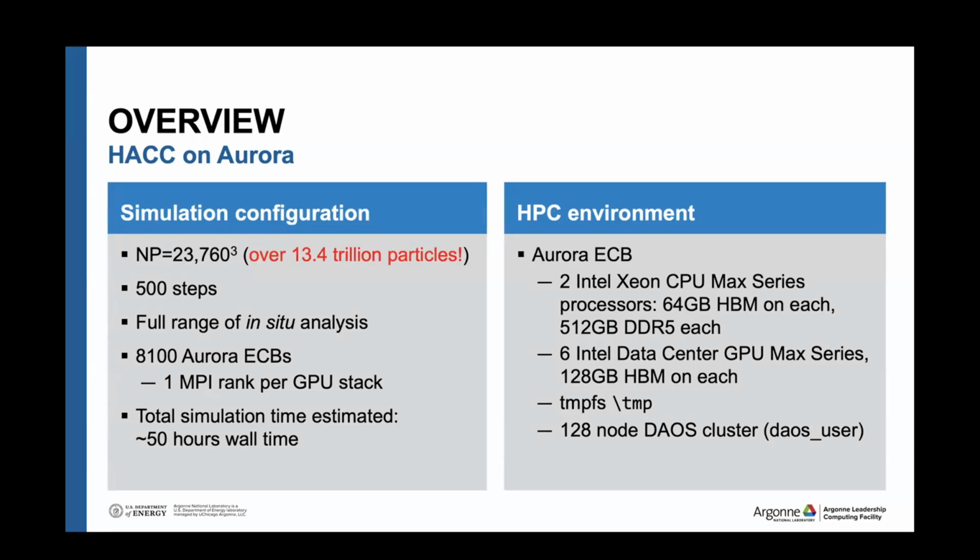Like I said, 6 Data Center Max GPUs, and what we'll make use of is Aurora's tmpfs file system on each compute node, accessed via the TMP directory. And we're using a 128-node DAOS cluster, which I believe right now is called DAOS user. A lot of the things I'm going to say about DAOS are changing and being updated, so please always consult the documentation.